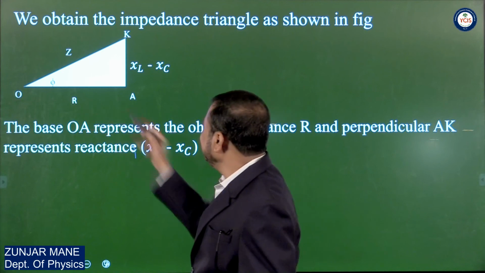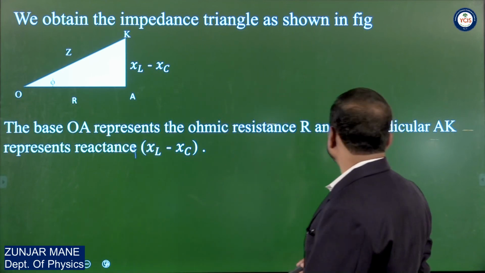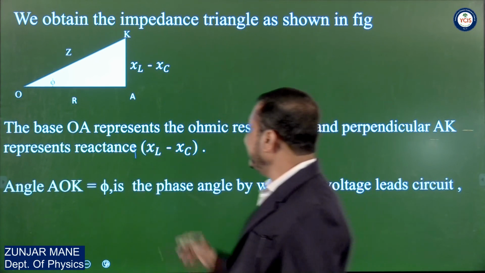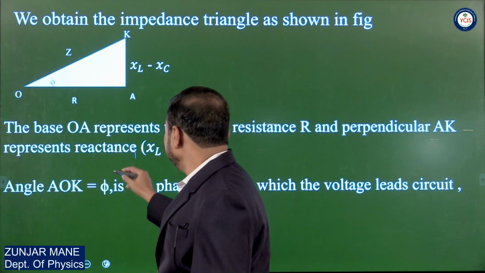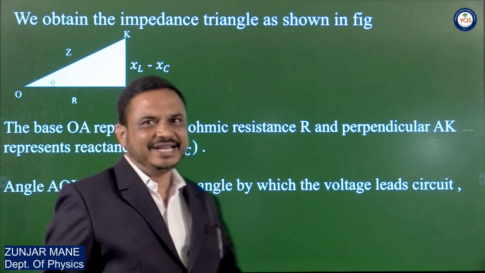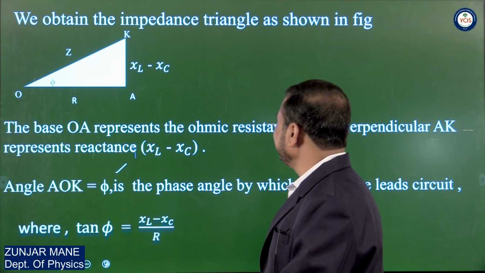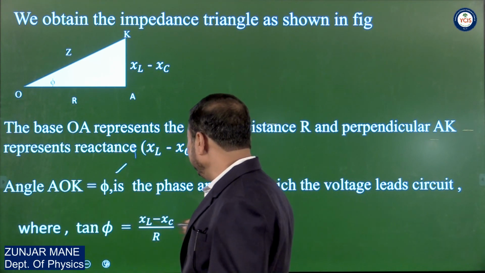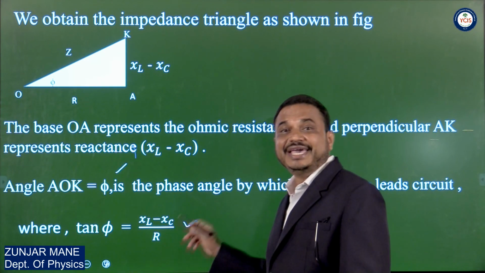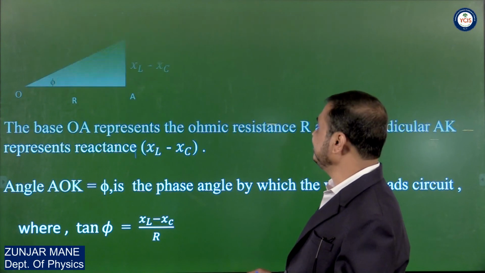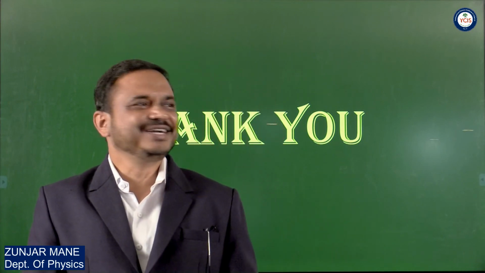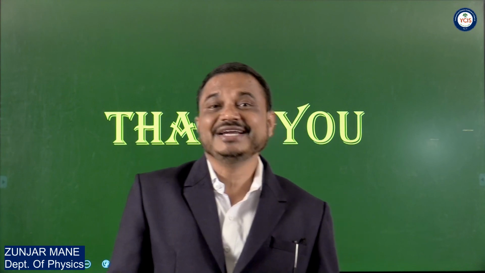The base OA represents the ohmic resistance, and the perpendicular AK represents the reactance, that is XL minus XC, and angle AOK, phi, is the phase angle between voltage and current, and here voltage leads the current by phase angle phi. Where phi is given by the equation tan phi equal to (XL minus XC) upon R, or phi equal to tan inverse of (XL minus XC) upon R. So this is about the AC circuit when inductor, capacitor and resistance are connected in series.